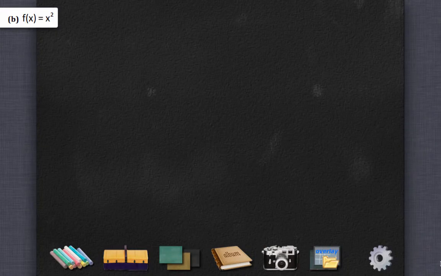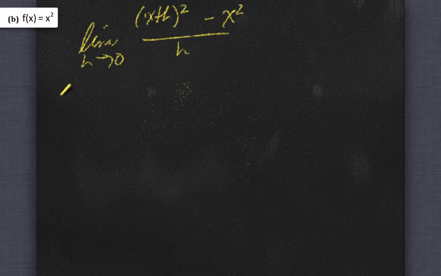The next thing to look at is this f(x) equals x squared. So we have the limit as h approaches 0 of (x+h) squared minus x squared over h.